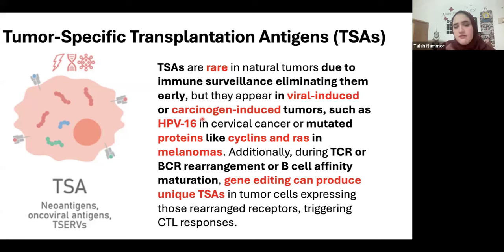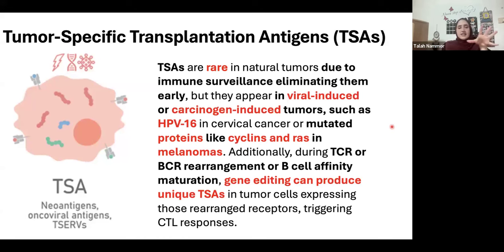So cancer of the lymph, which is cancer of B and T cells. So these cancers that originate from the immune cell itself are usually due to problems in the genes that code for the T cell receptor or the B cell receptor, or anything that can affect their affinity, maturation and growth. Okay. These are tumor-specific antigens.